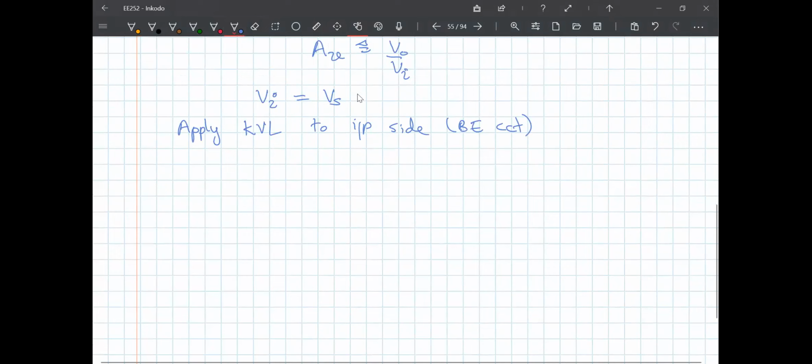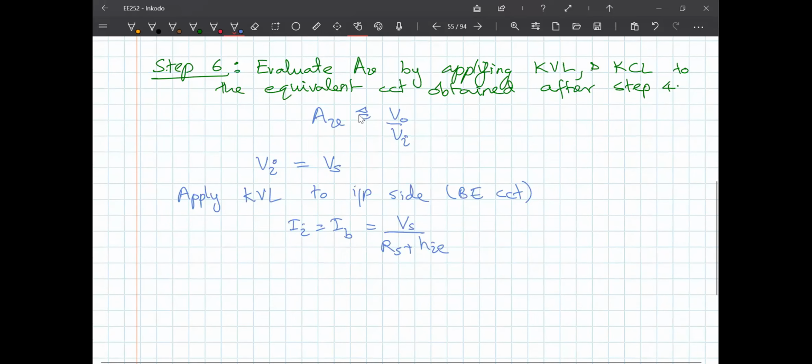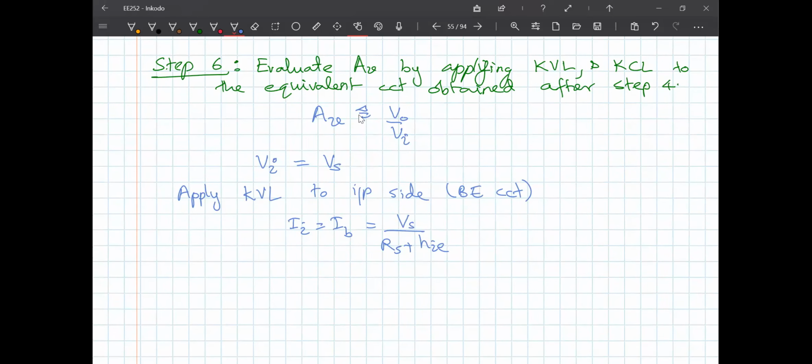From this I obtain I input, which is equal to IB, which is equal to Vs divided by Rs plus Hie. Those are the only elements in that circuit, so it's easy to find II or IB.